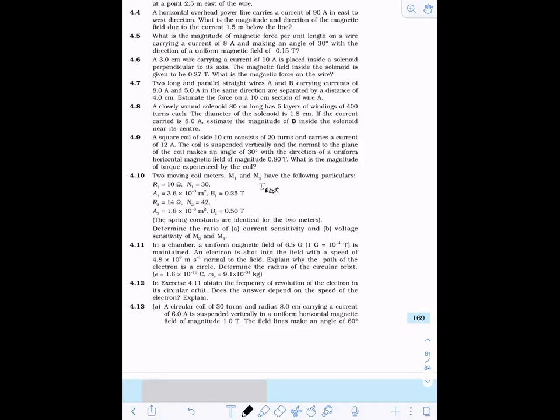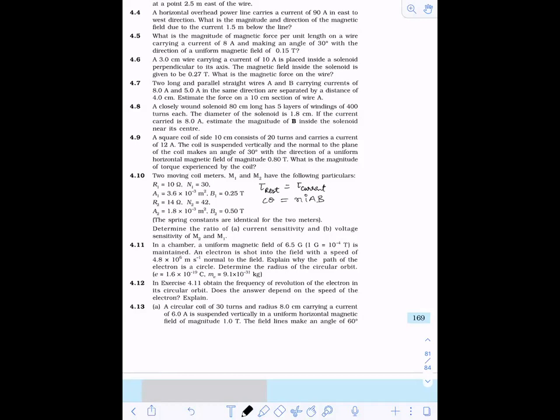Just see here, restoring torque would be equal to the torque due to current in a moving coil galvanometer. Now the restoring torque is C theta and torque due to current is NIAB.